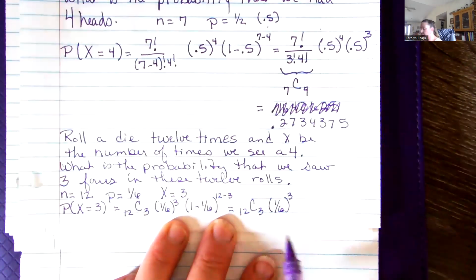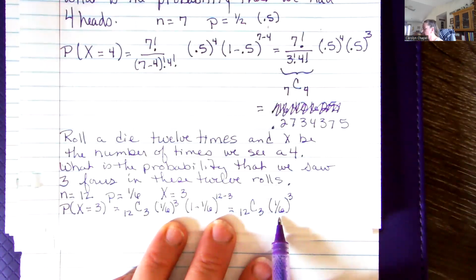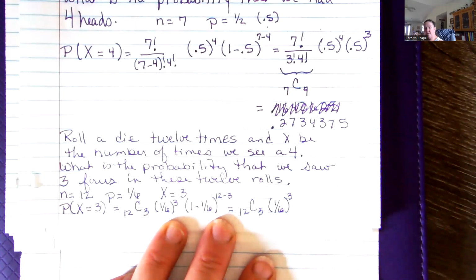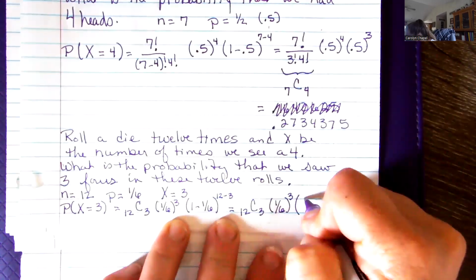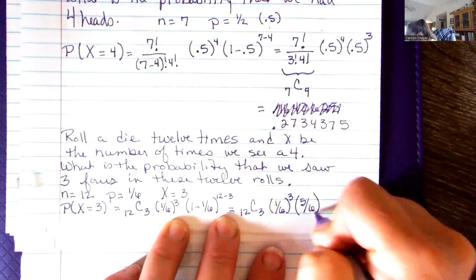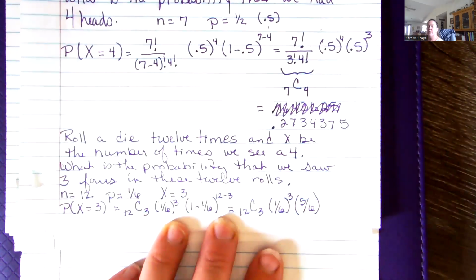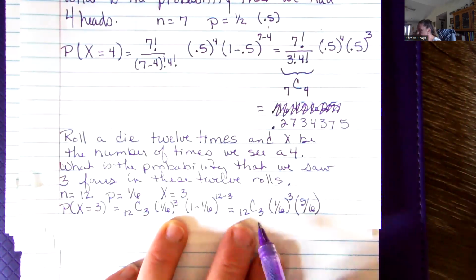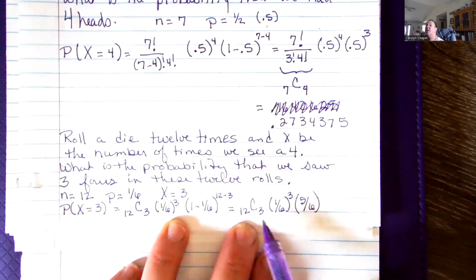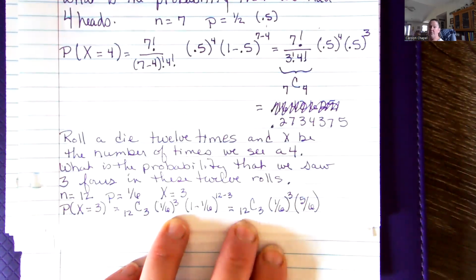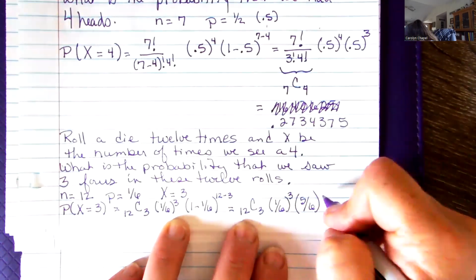The probability of getting a 4 for those slots is 1/6, where the probability for all the other slots is 5/6. So if you're thinking of a tree almost, and you were looking down a line that went 4, 4, 4, not 4, not 4, not 4, not 4, you'd have a 1/6, 1/6, 1/6, and the rest would be 5/6. And we'd have this many branches that would contain 3 of those 4s.